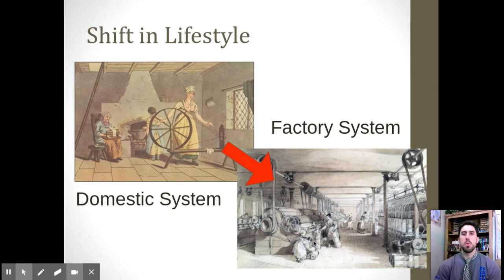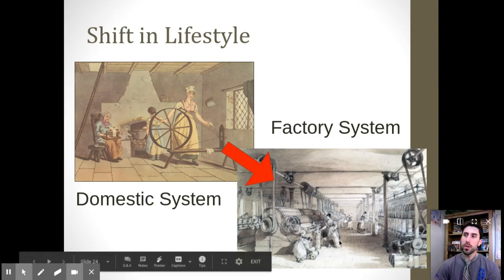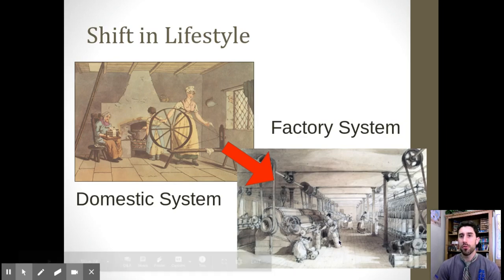The factory system also impacts the role of women in their traditional household roles. If the women are now taking on jobs in a shift, which traditionally they wouldn't have had before, then those traditional home roles would be displaced by the factory system.